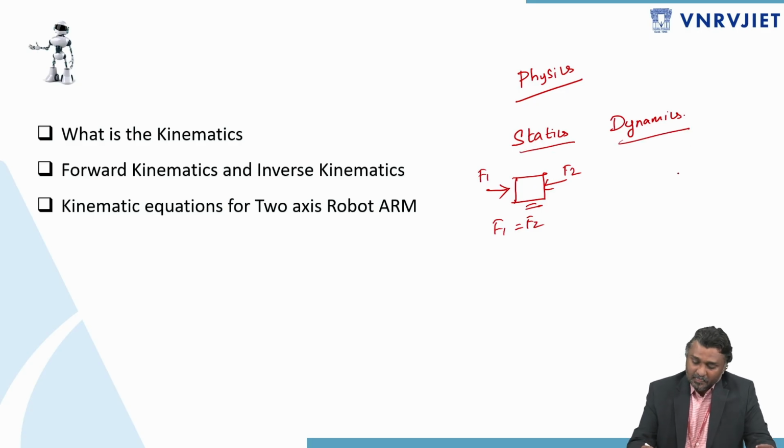And dynamics: I have one object, I'm applying force here, automatically the object will move from one position to another position, it will change the position. So in statics, I'm considering only the force.